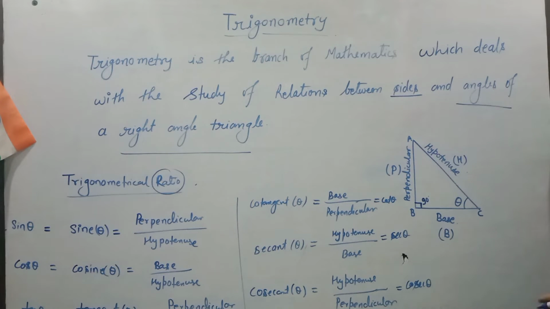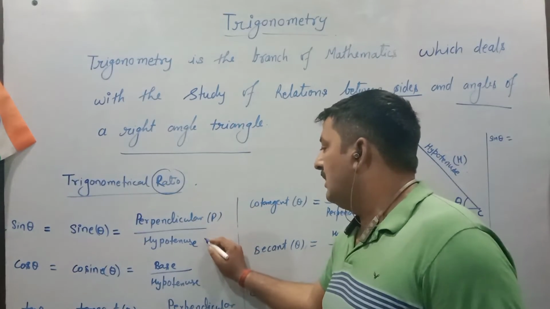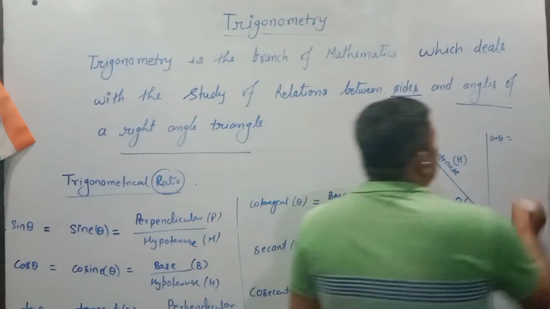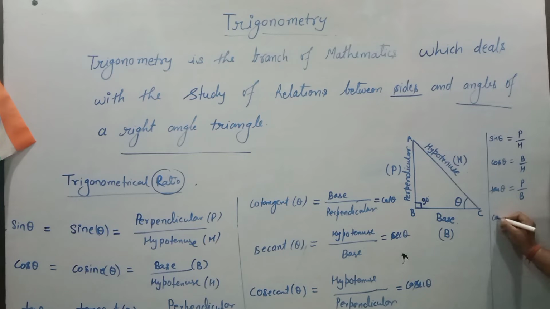In short, with perpendicular P, base B and hypotenuse H: sin theta is equal to perpendicular upon hypotenuse, cos theta is equal to base upon hypotenuse, tan theta is equal to perpendicular upon base, cot theta is equal to base upon perpendicular, sec theta is equal to hypotenuse upon base, and cosec theta is equal to hypotenuse upon perpendicular.